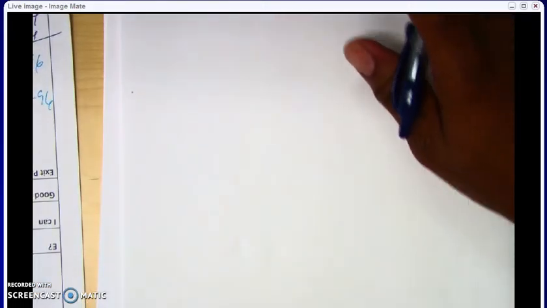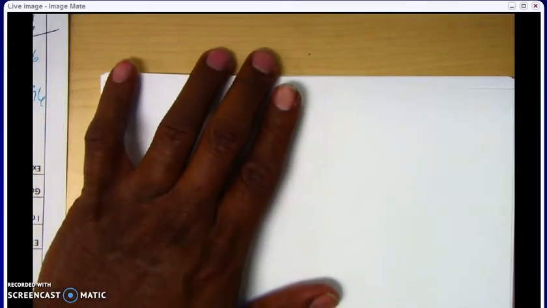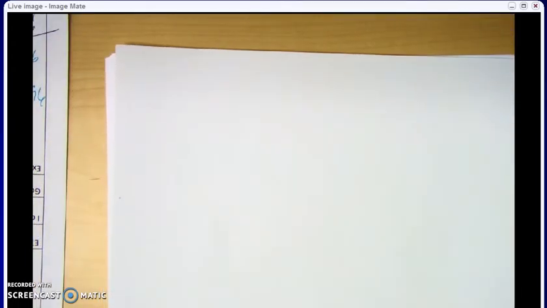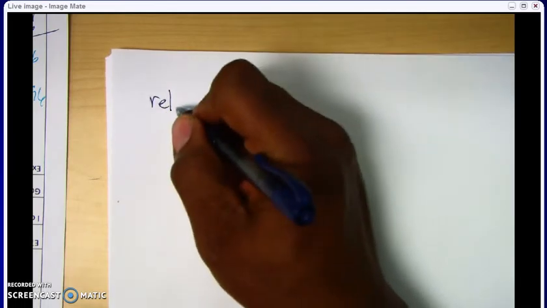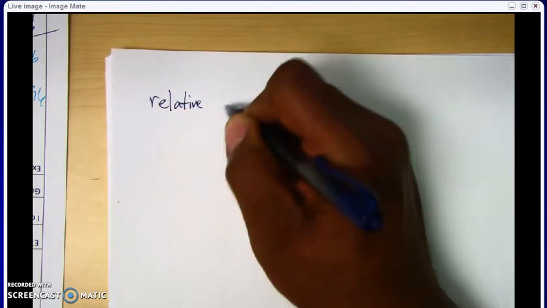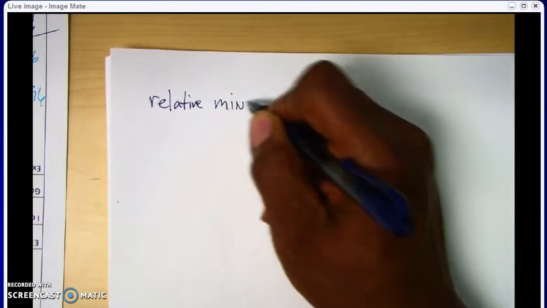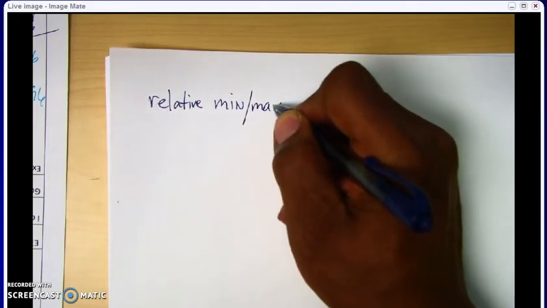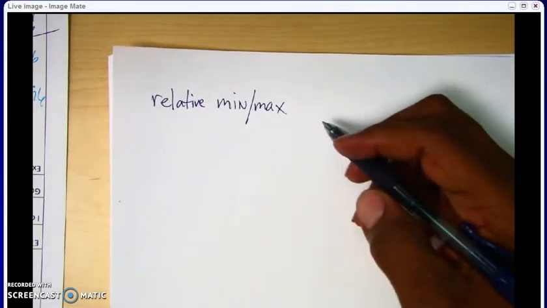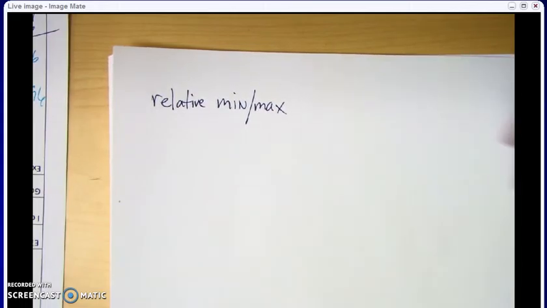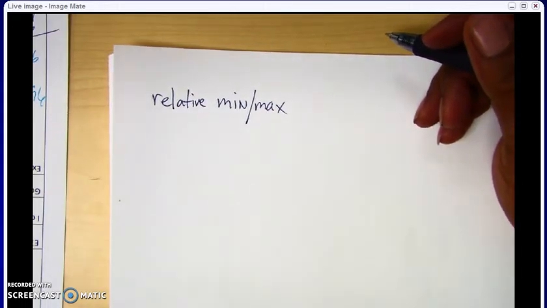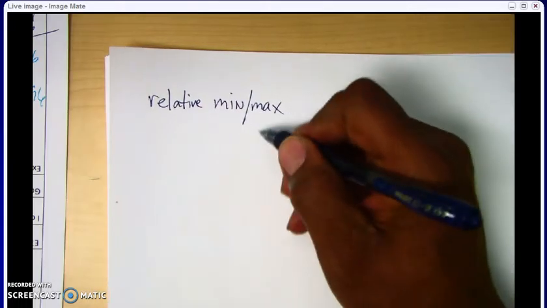Let's talk a little bit about relative minimum and maximum, since we're still dealing with graphs. For instance, they're going to give you some function, and they're going to ask you for the relative minimum or maximum.